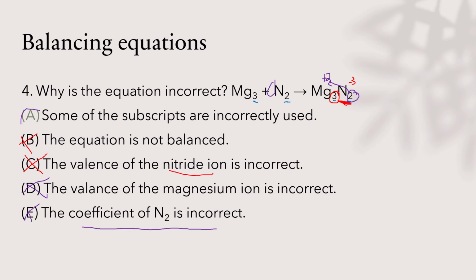And the reason I know this is because when you look at magnesium metal, when it exists by itself, it exists with only one atom of magnesium. It doesn't pair up with 2 other magnesium atoms.